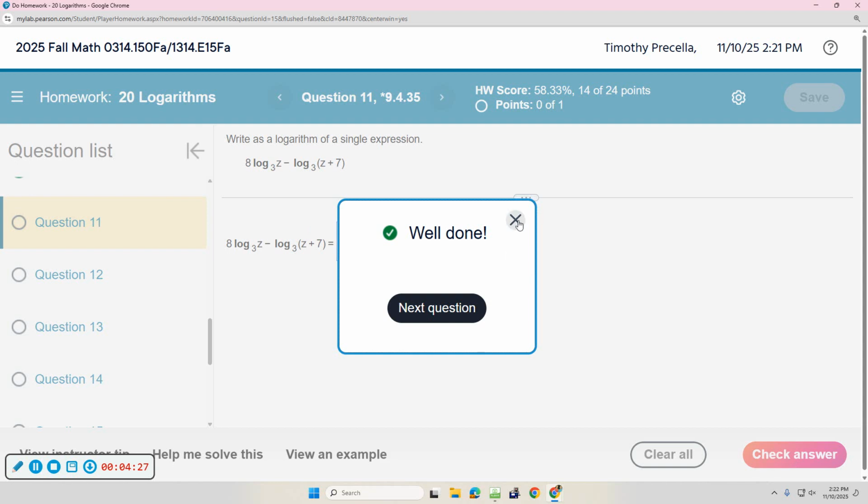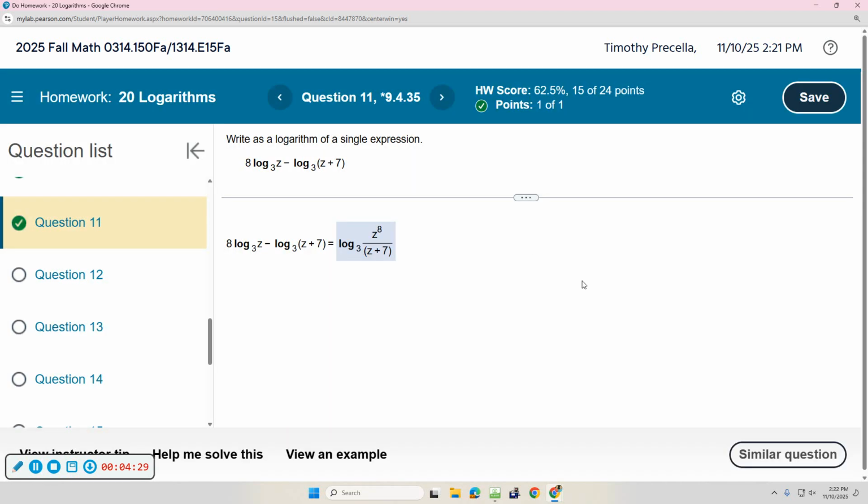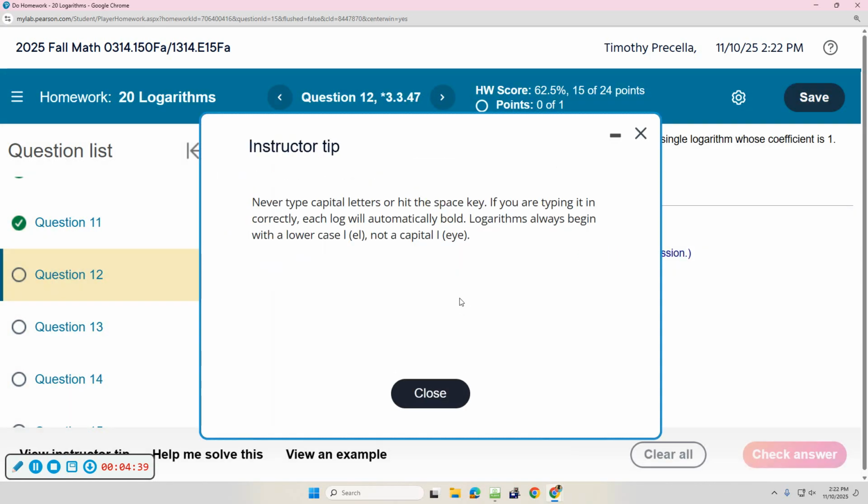That's why you have 2 attempts at the final exam. When you're doing your homework, you can correct those little things, but you can't do that when you're taking the test. Let's read. It's working. Never type capital letters or hit the space key. If you're typing it in correctly, each logarithm will automatically bold.